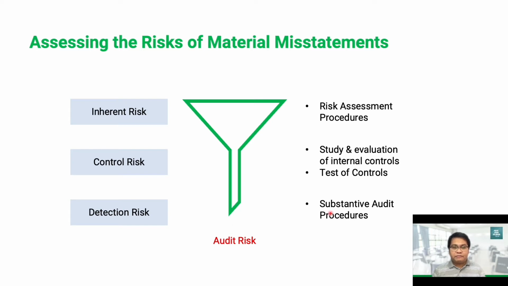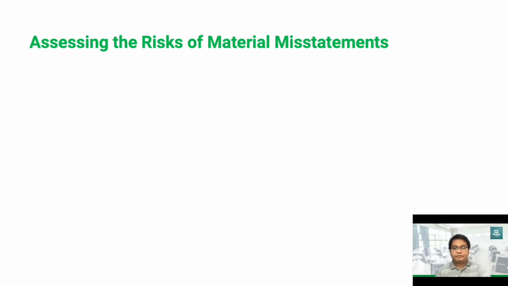Despite performing or designing several responses to address the different risks that could affect the financial statements of our client, there will still be residual risks that remain. But what is important is that it is at a level that is acceptable to us. So let us discuss one by one the specific procedures that will go into these specific responses of the auditor.